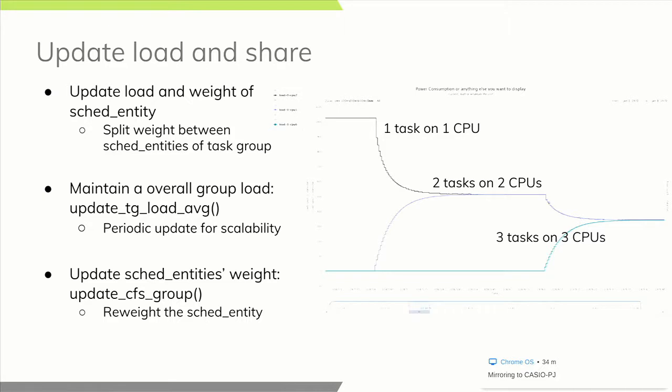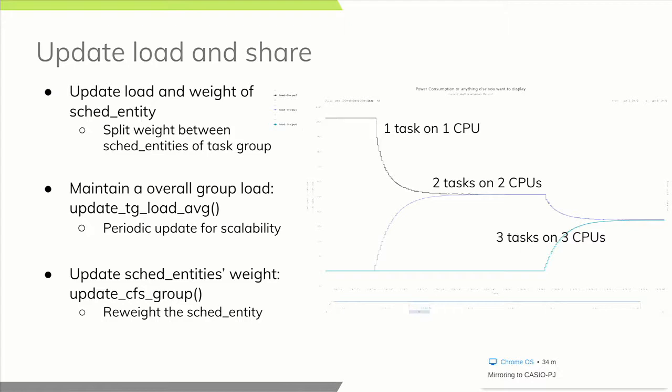So this chart shows the load average of each CPU, of each run queue of a C group. When you have only 1 task on 1 CPU, the load of this task will be the maximum value, 1024.